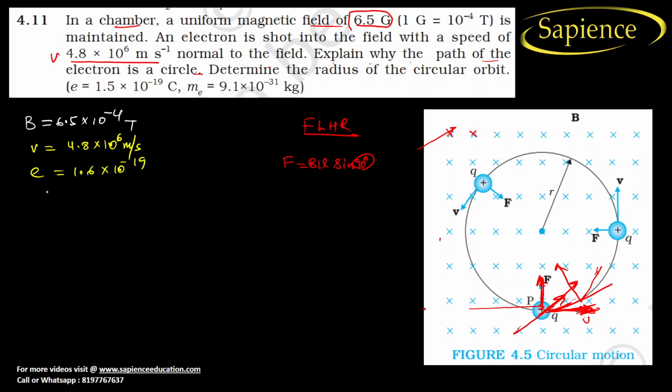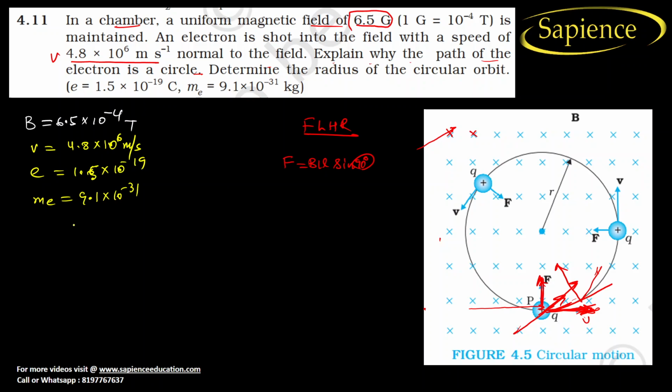And they have also provided 1.5, right? So mass of the electron they have provided you 9.1 into 10 to the power minus 31, right?